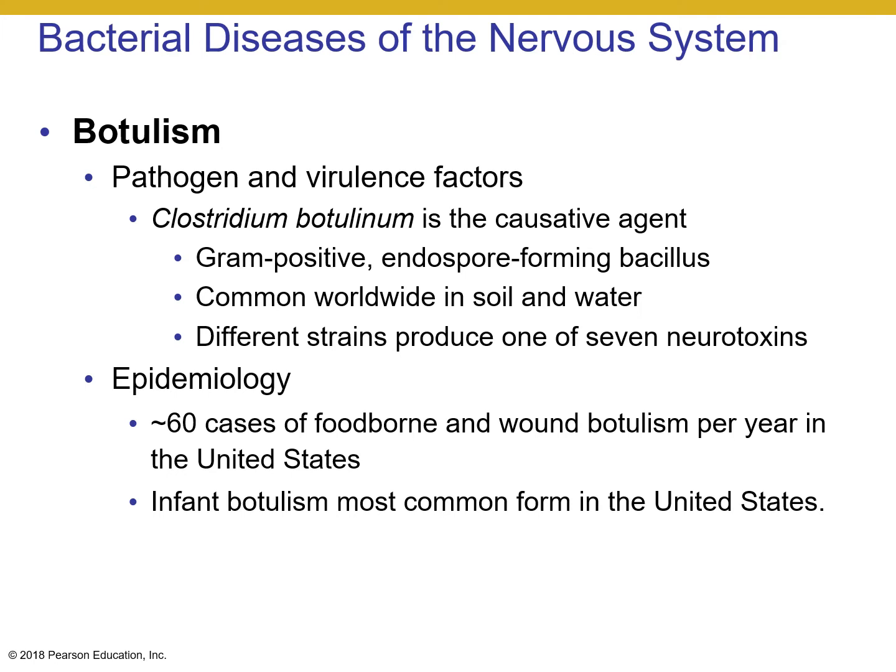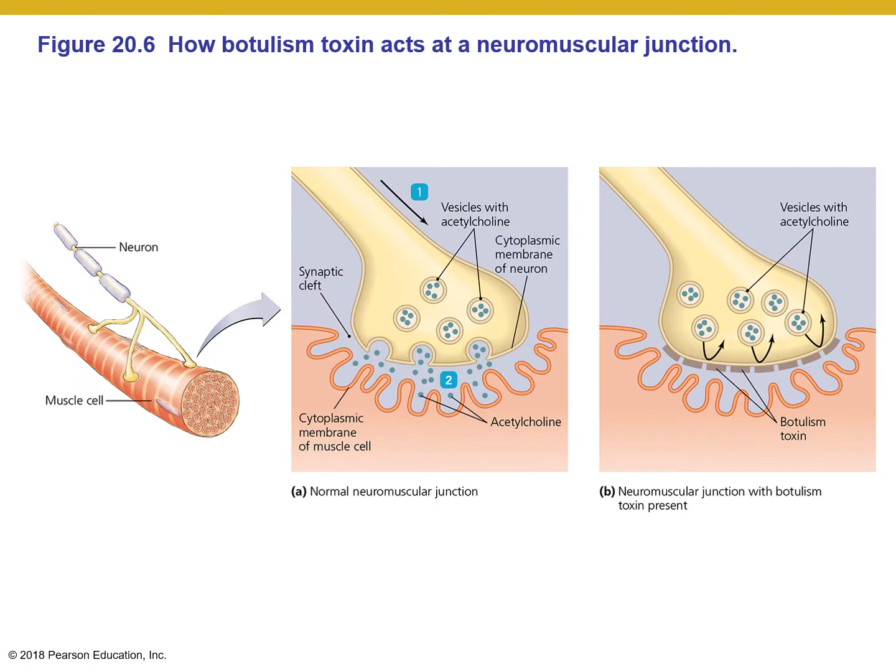So Clostridium botulinum is a causative agent, a gram-positive bacillus that forms spores. It's found everywhere in the soil and in the water, and there are up to 7 different neurotoxins. There are about 60 cases of foodborne and wound botulism per year in the U.S., and infant botulism is the most common form in the U.S. This is not good.